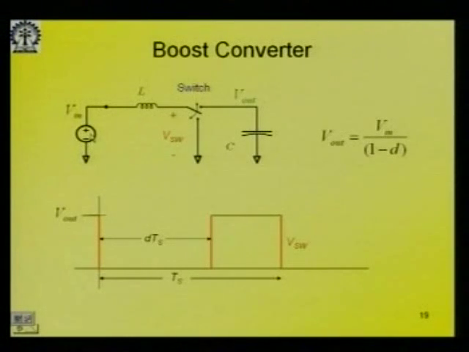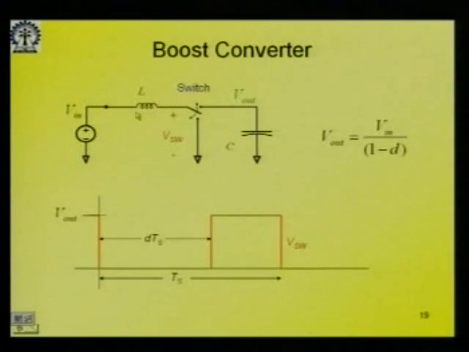So, the input supply voltage drives a current through the inductor. That is a shorted inductor, that means L di/dt will be equal to V in. So, I will be increasing linearly, and then at some point of time we switch this off and put this switch onto the output.